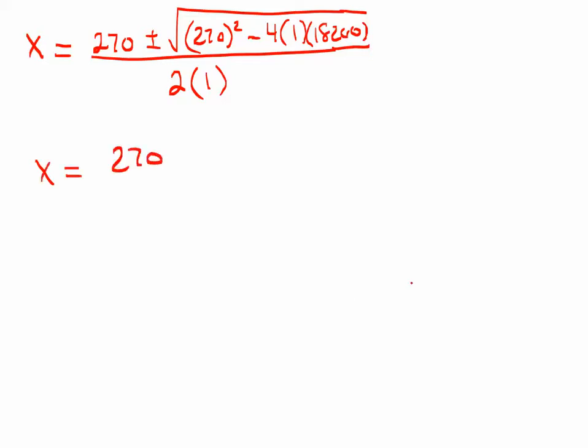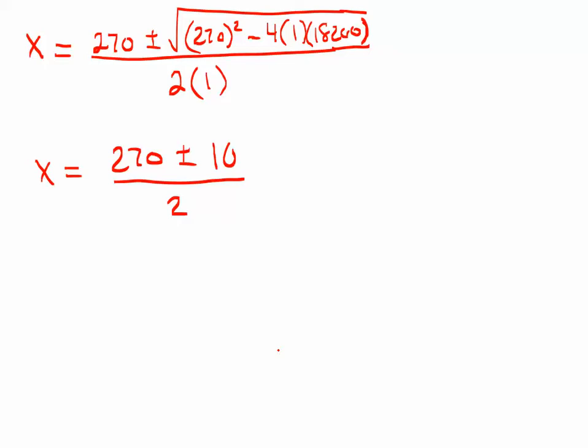All right, so 270 squared minus 4 times 18,200 turns out to be exactly 100 inside here. So the square root of 100 just becomes a nice old 10. Just love it when numbers work out that way. Let's get to the answers, then we'll see if it's weird or not.